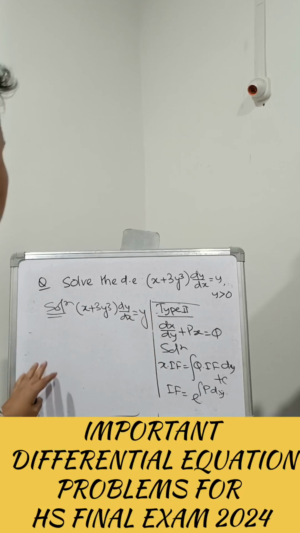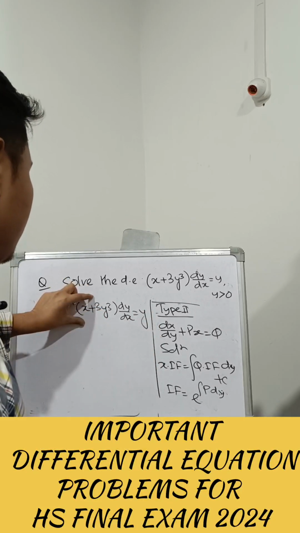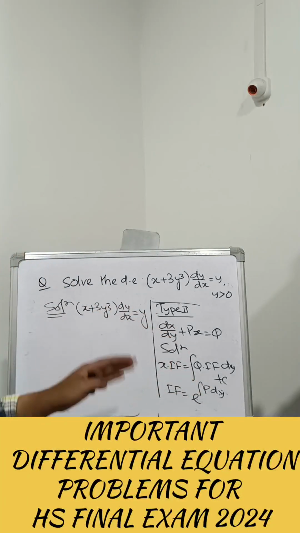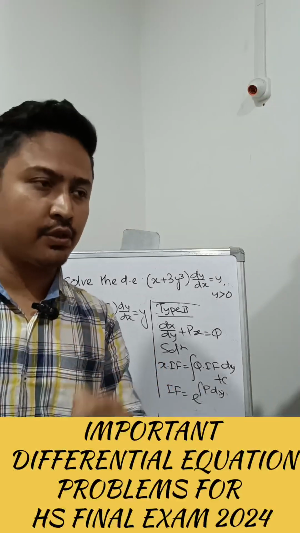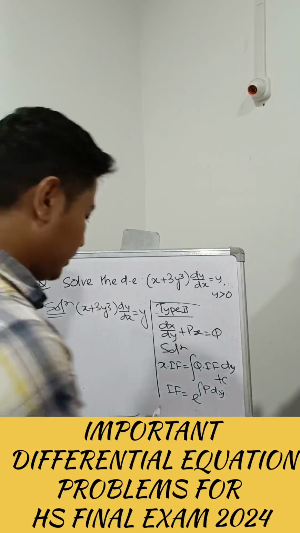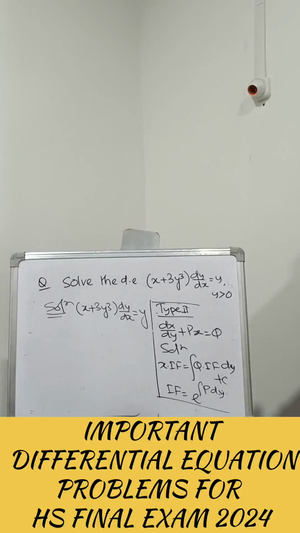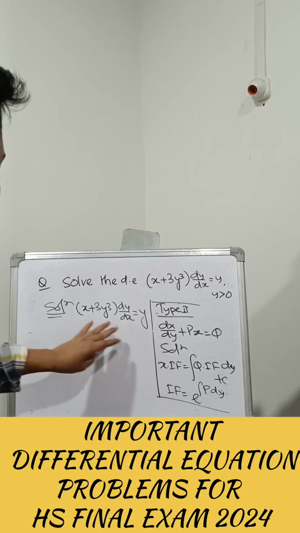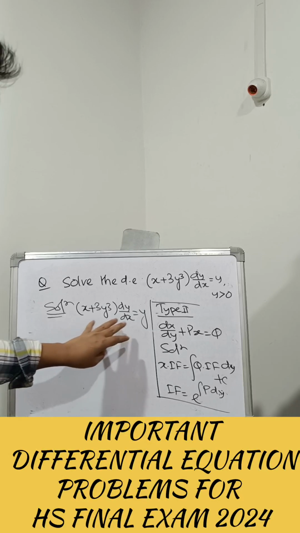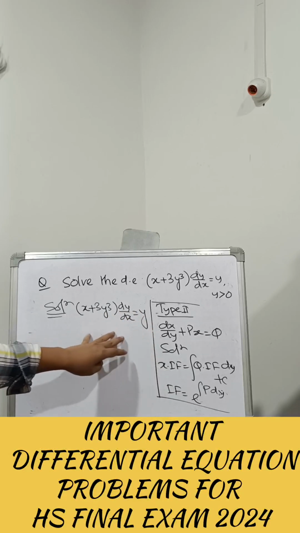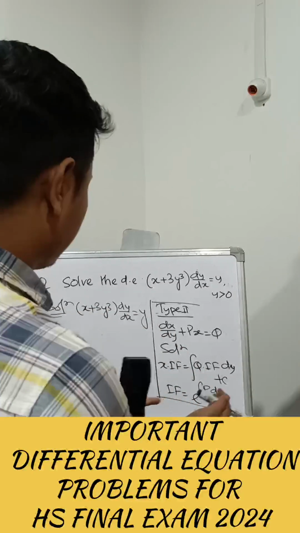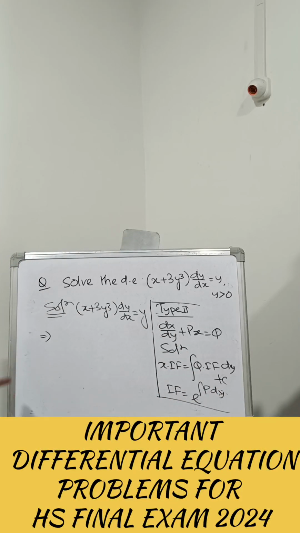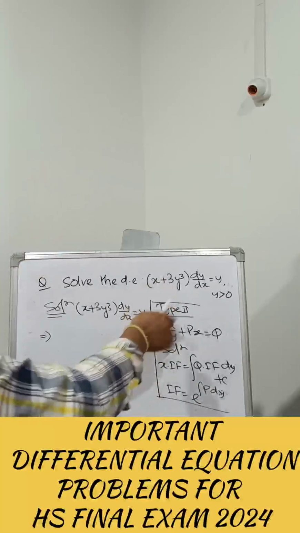Now we are going to convert this equation to one of the two types of linear differential equation that we have already learned in your classes. For converting this equation, we are going to do some simplifications.